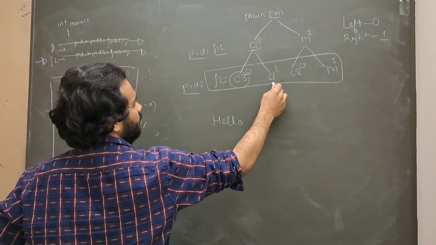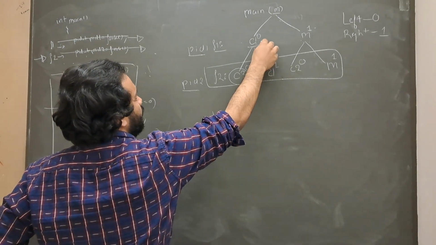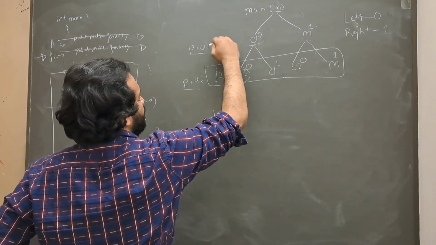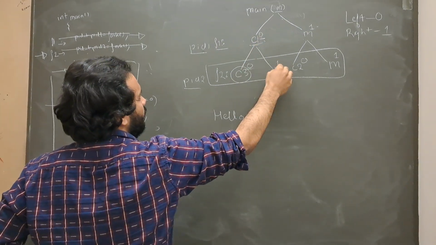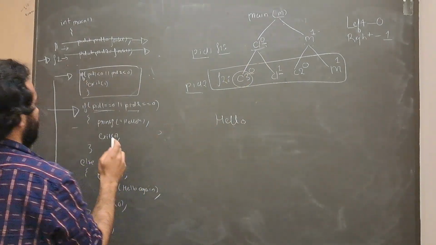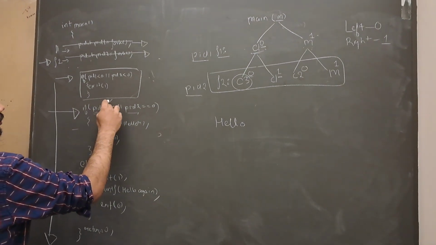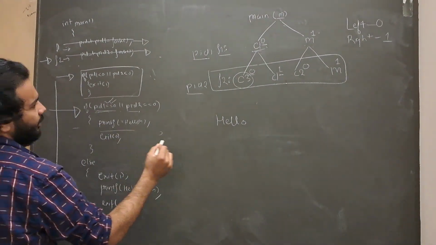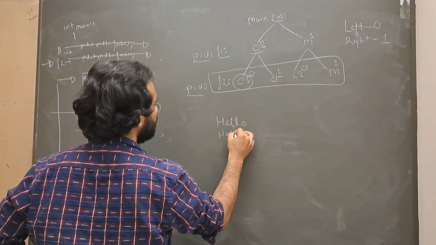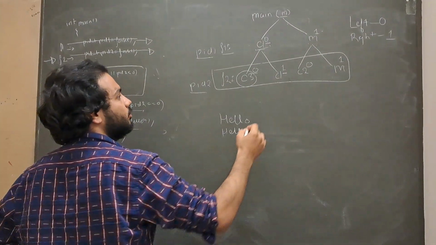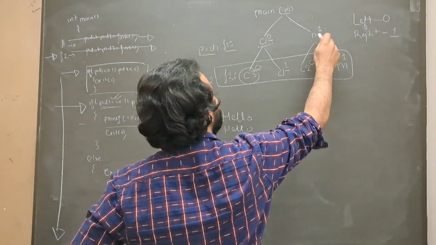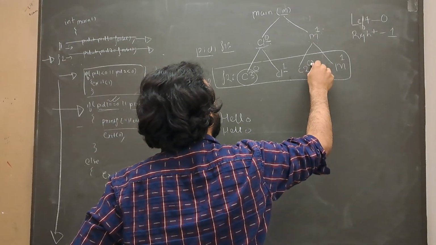Now let's check for C1. For C1 the corresponding PID1 in the parent fork is 0 and over here it is 1. So let's check the condition again. PID1 is 0, so this is also true. So printf will be printed once again. Now corresponding to child C2, the parent fork value is 1 and for C2 it is 0.